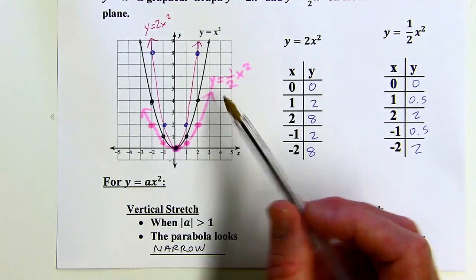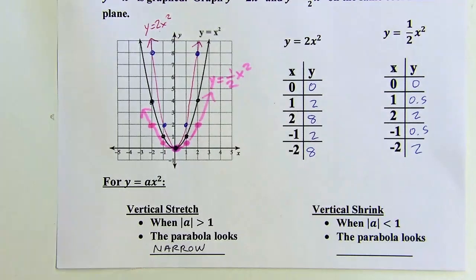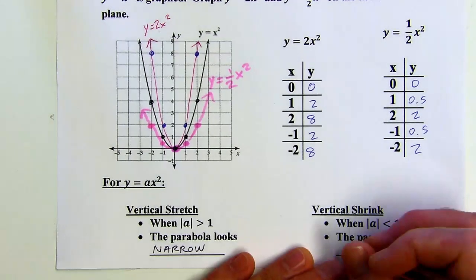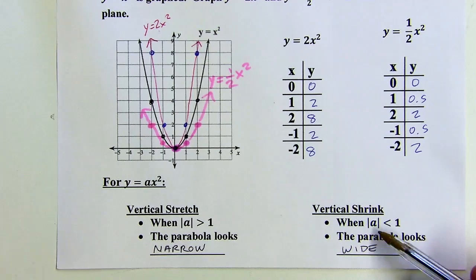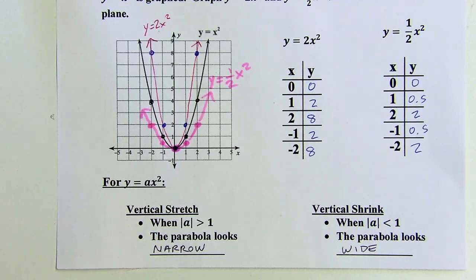That's going to happen when your A value is less than 1. So the parabola is going to look wide when that happens, okay? It's when it's between 1 and -1 on the number line. So it could be less than 1, or it could be also greater than -1, but in between 1 and -1, okay?